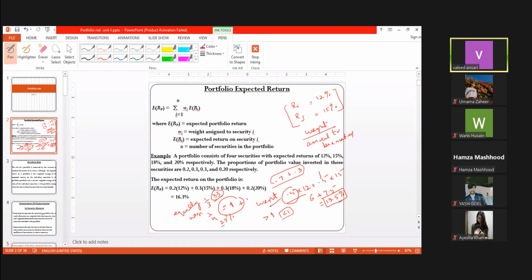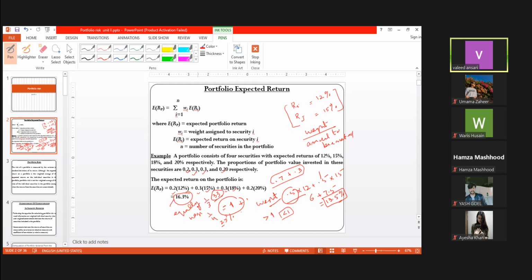It is given here: a portfolio consists of 4 securities with expected returns of 12%, 15%, 18%, and so on. The proportions invested in the securities are 0.2, that is 20%, 0.3, 30%, 0.3, 30%, and 20%. The expected return is simply the weight multiplied by the return, weight multiplied by the return, and so on. If you do this, the return on this portfolio will be 16.3.